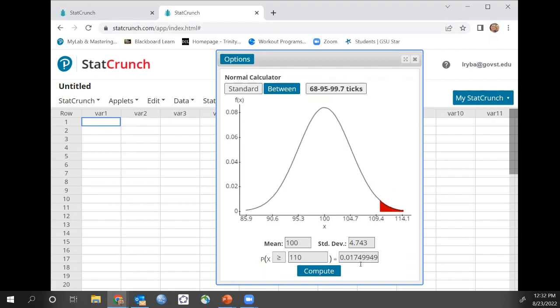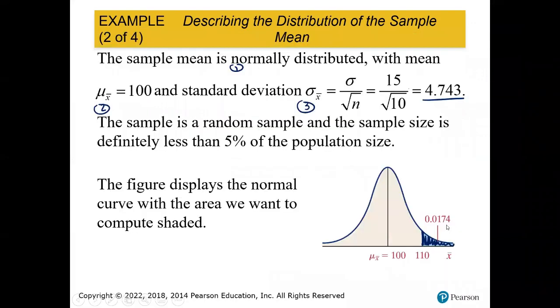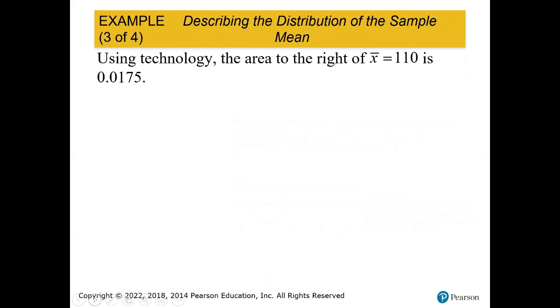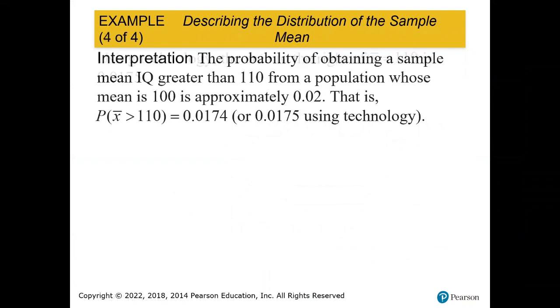That's going to round to a 5. And you'll see that should be the same. Well, they have 4. Okay, so I have 5 just because mine rounded. Using technology, there's a 5 there. All right, so what does that mean? The probability of obtaining a sample mean IQ greater than 110 from a population whose mean is 100 is approximately 0.02.